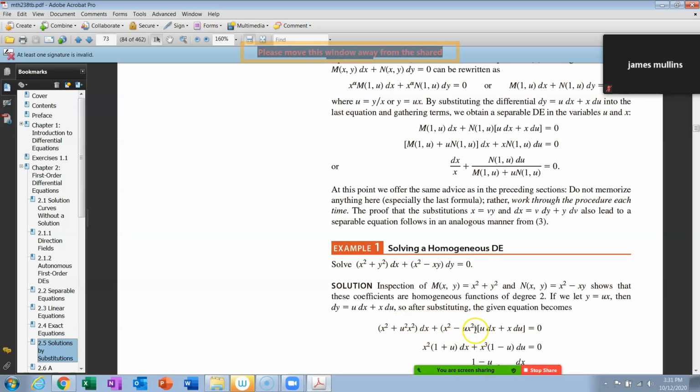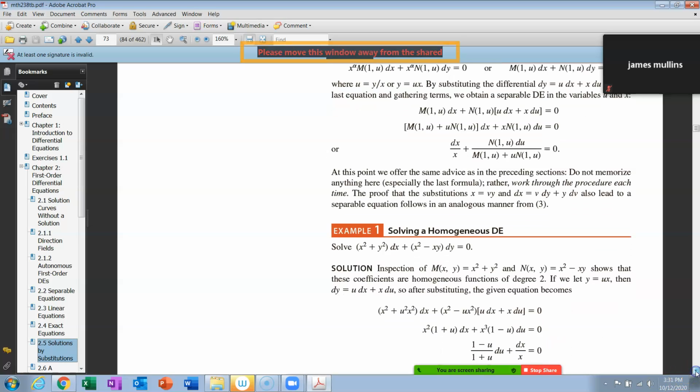This one and that one disappeared, and you're left with x squared plus x squared u. So that's x squared times 1 plus u dx on this side. On the du part, you have an x cubed times 1 minus u du. Okay, so there we're okay.